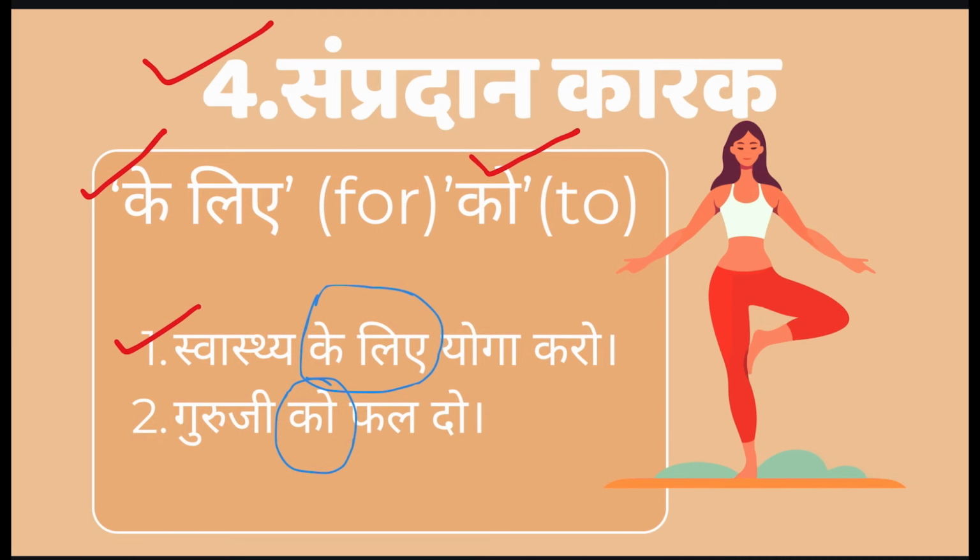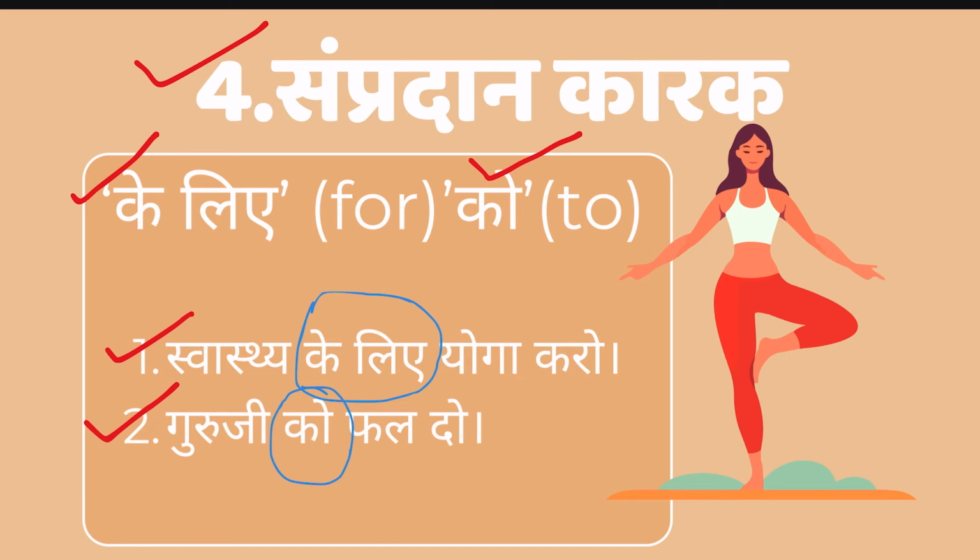Let's understand these with more example. First example, स्वास्थ्य के लिए योगा करो. Do yoga for health. For health. That's why we have used के लिए. स्वास्थ्य के लिए.